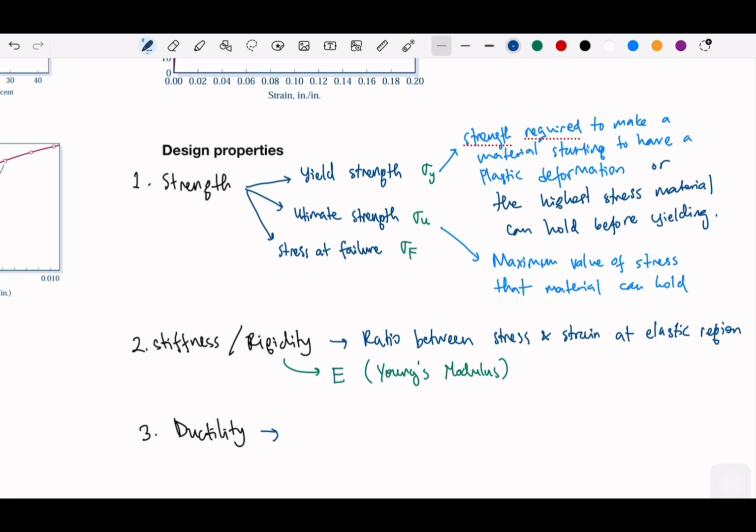But this is going to be defined as materials that can undergo large strain before fracture or failure.